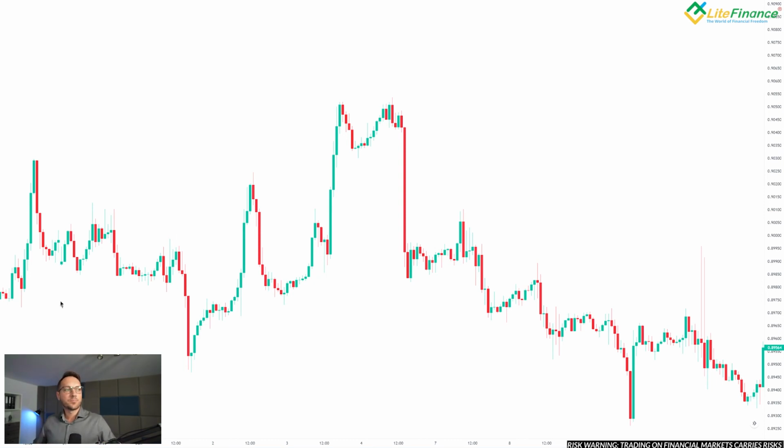We have a not so strong move to the upside, but the upward movement was clear here, and this one was surely a very, very clear move. And what we have here: the first top, lowest point, second top, and they are almost at the same levels.